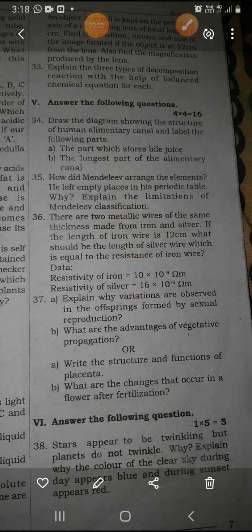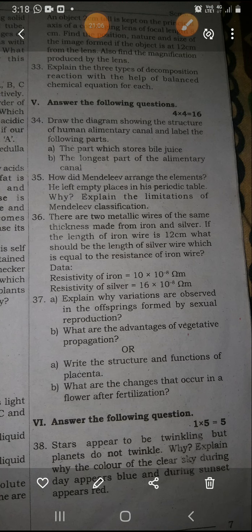But eventually he failed in arranging the elements, because he arranged them based on atomic mass. In the modern periodic table, elements are arranged based on their atomic number, and then this problem was satisfactorily solved by chemists.